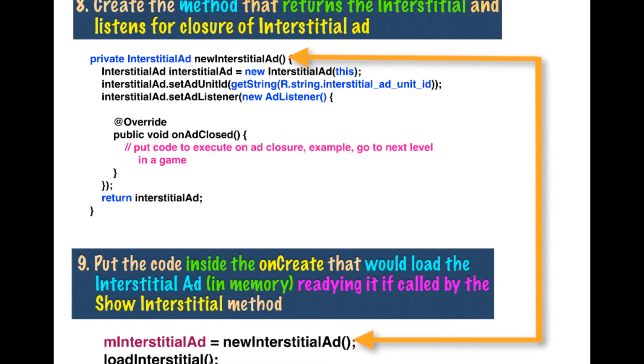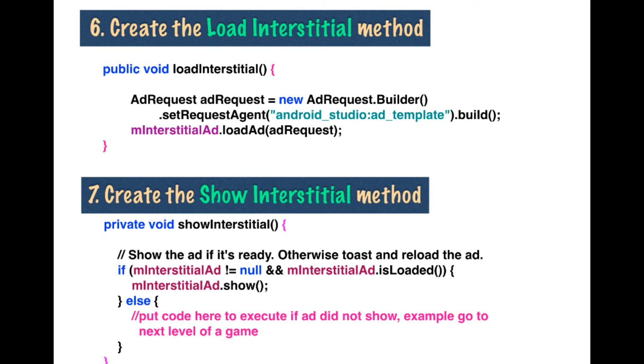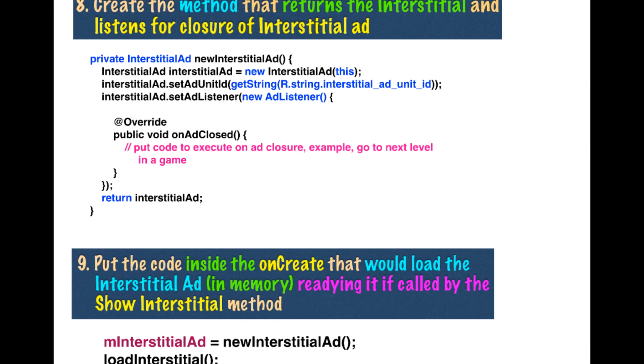So since this load interstitial here in the second line of step number 9 is to be used by this method load interstitial, you have to first instantiate this variable, and after instantiating that, you can now call load interstitial. So your app won't crash because the parameter required is available in the memory of the app.